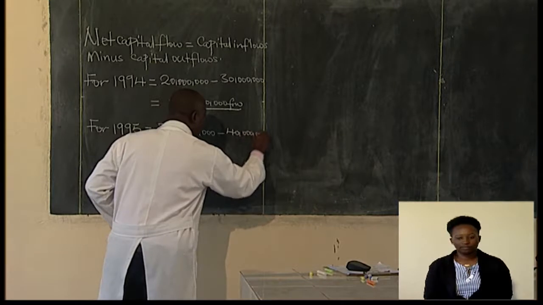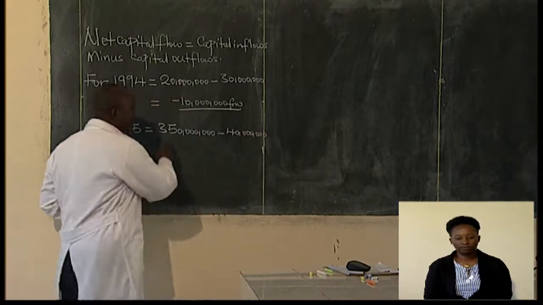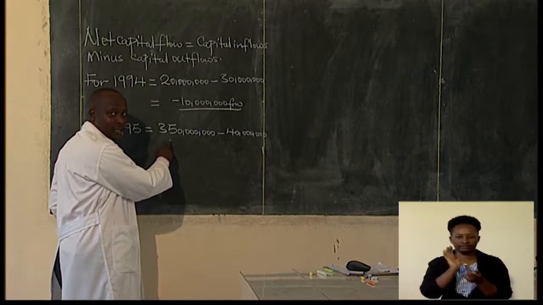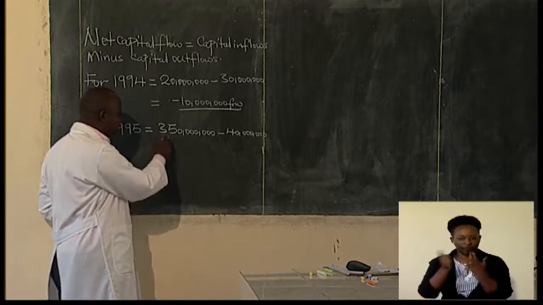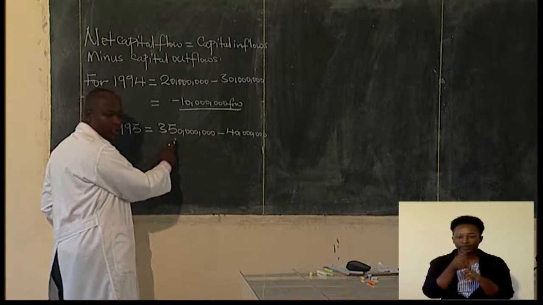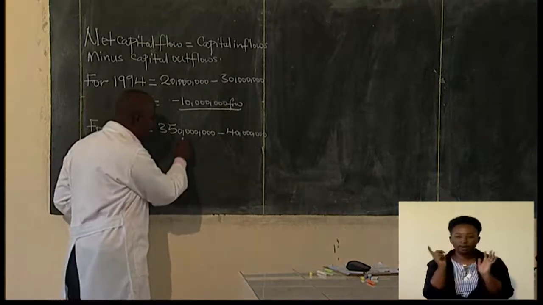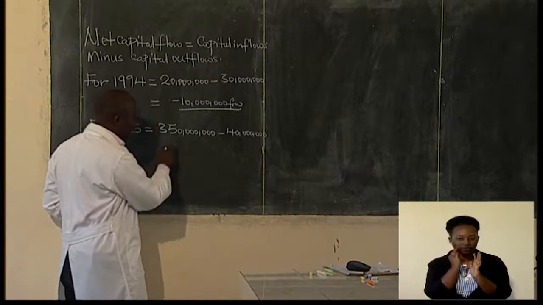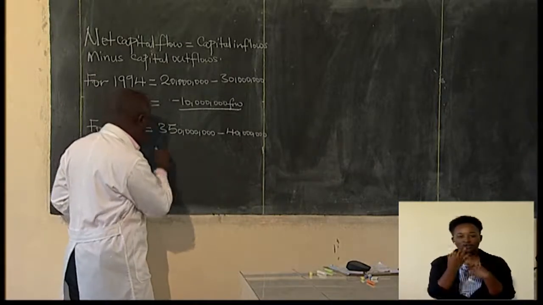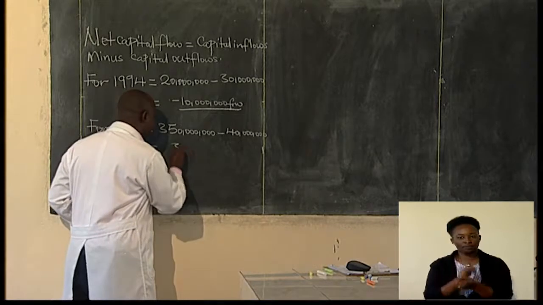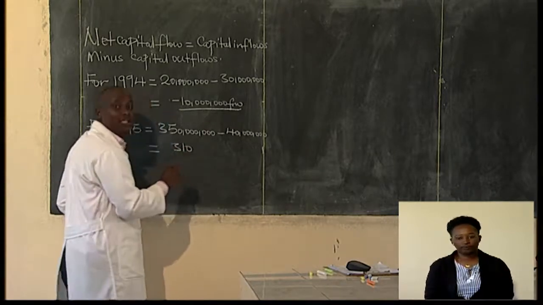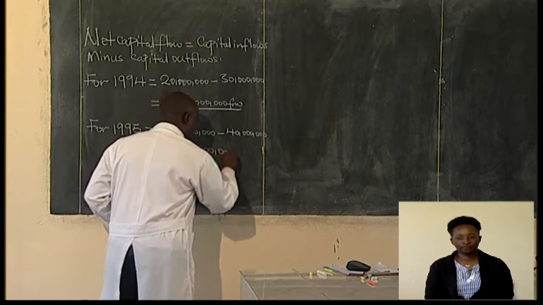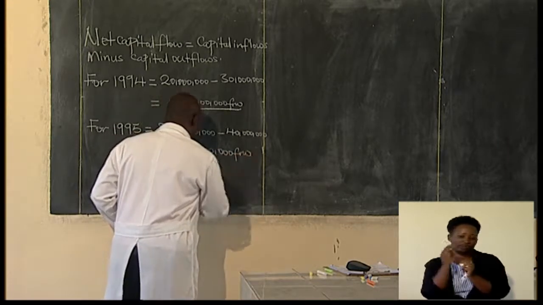I hope you have your calculators. Help me to calculate this. 350 million minus 40 million will give us 310 million francs.